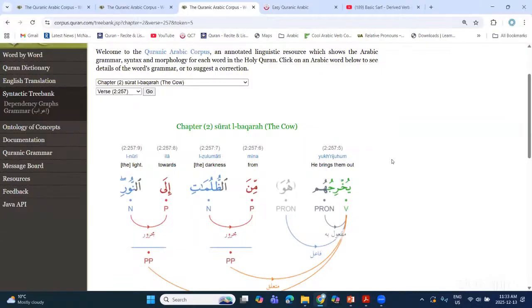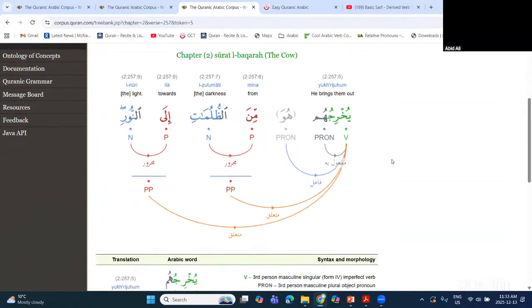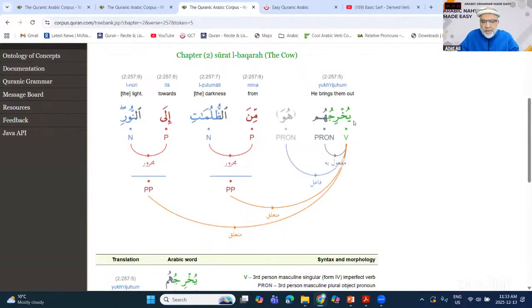No, that's all. Okay. So if we go back to our grammatical analysis, we see yukhrijuhum. We know huwa is part of that subject, but then the hum is the object. So right away, I'm dealing with fi'l al-muta'addi.